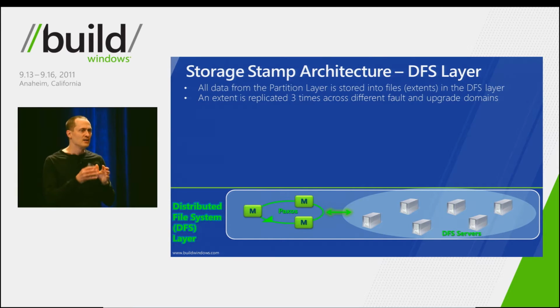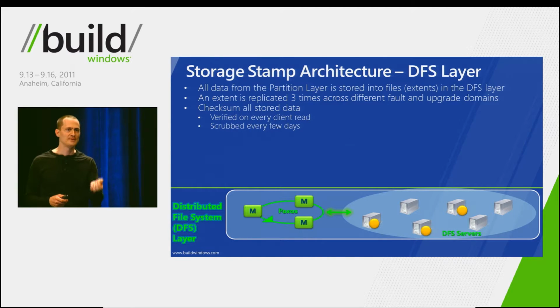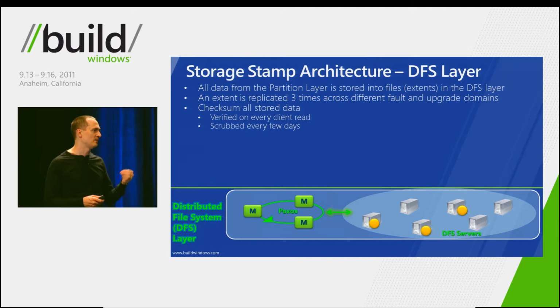Okay? So the DFS layer takes these extents that the partition layer wants to write, and then it replicates them three times. We also checksum all data, and we validate that checksum on every single read of your data, as well as we scrub all of your data about every three days.